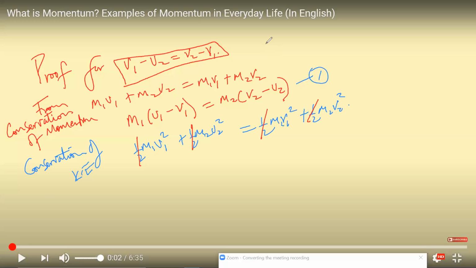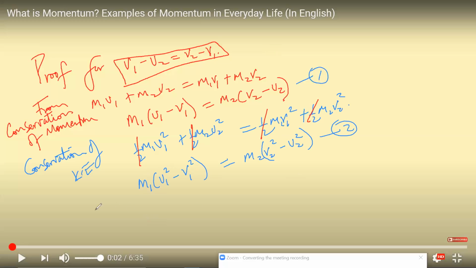And likewise, when you bring the m's on one side, you can have m1 into brackets u1 squared minus v1 squared being equal to m2 into v2 squared minus u2 squared. And this is our equation 2.